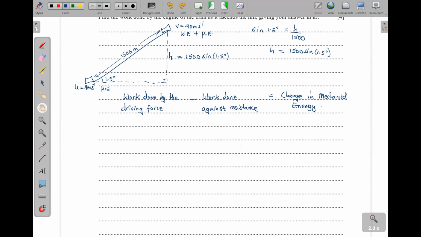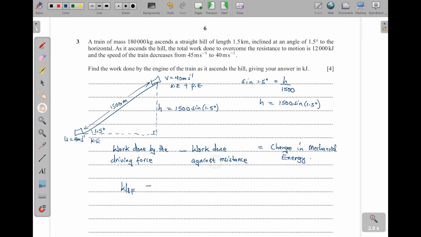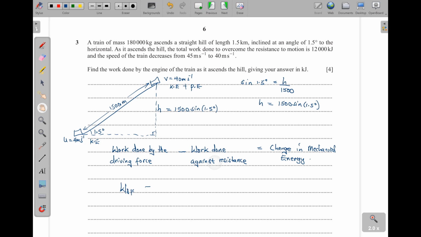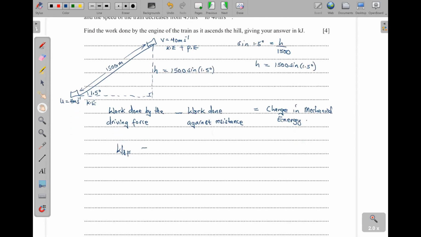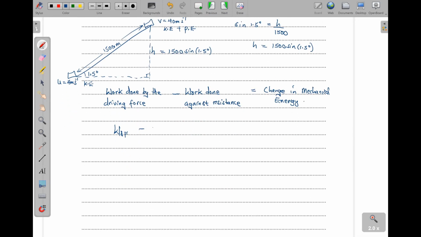Now, substituting, we can get work done by the driving force, the one that we are looking for, minus work done against resistance. I think it was given. The total work done to overcome the resistance to motion is 12,000 kilojoules. So we have 12,000 kilojoules, so it has to be in joules.